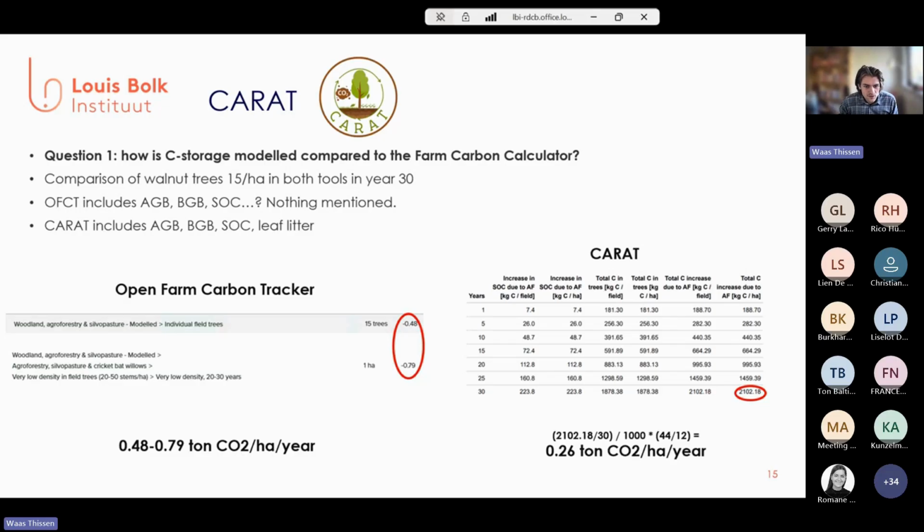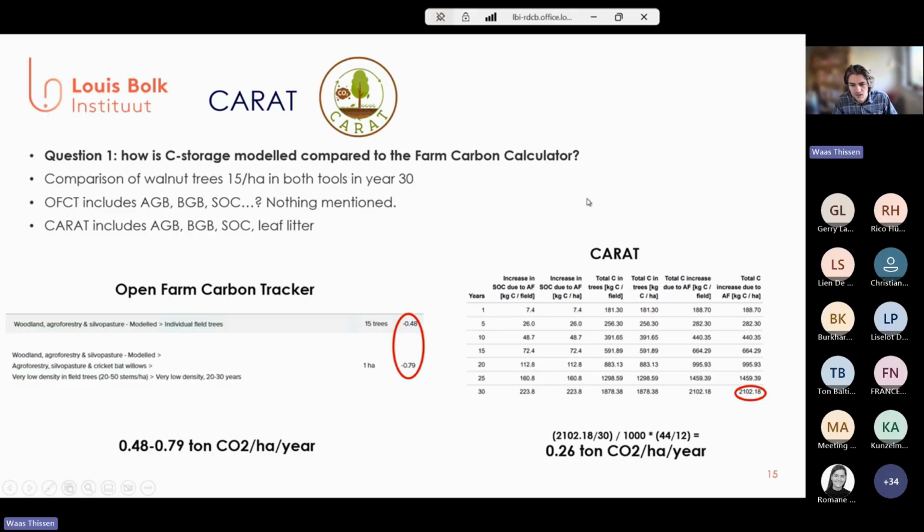What are the components taken into account in this number? I haven't found detailed documentation on this. Maybe it's there, but it's not very easy to find. In sHL, it's clear that it's above ground biomass, below ground biomass, soil organic carbon, and it also has its own leaf litter model.